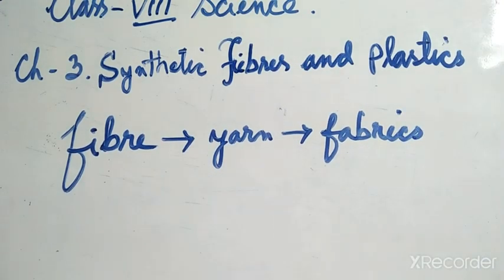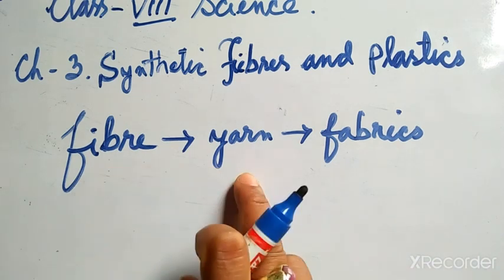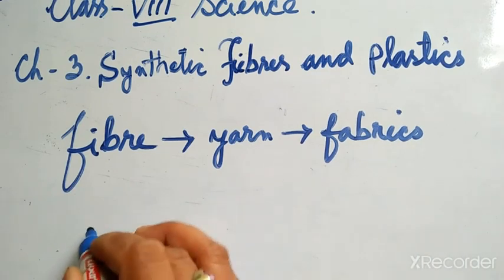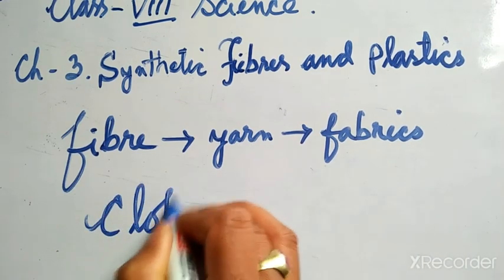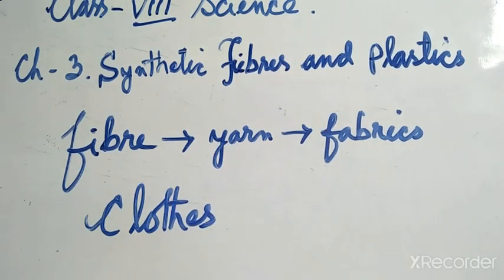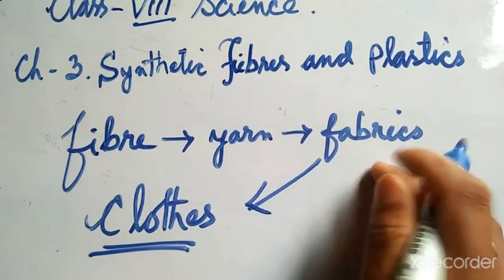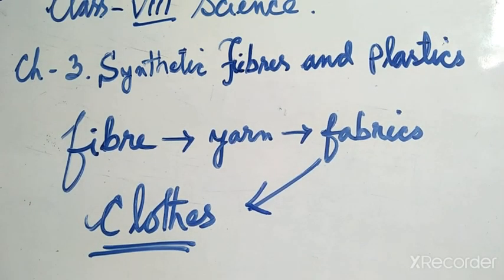So this is the relationship: fiber, yarn, and fabrics. Clothes are made from what? Clothes are made from fabrics. So in today's class, let's see what are fibers.